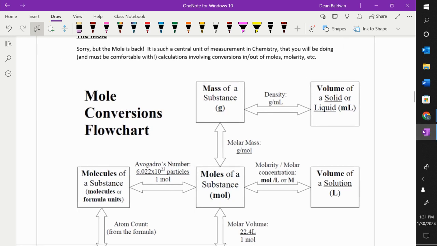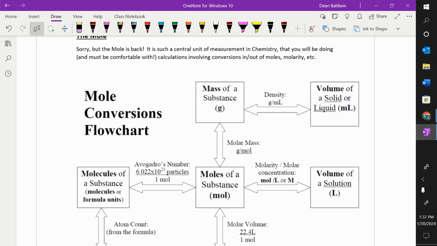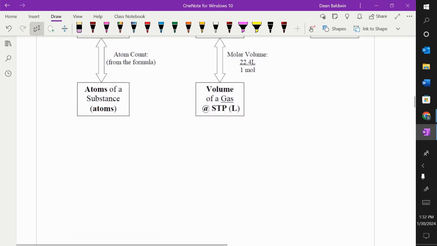The mole. If you're going to do chemistry, you can't get away from the mole. What is a mole? Just a number? I know you're reading that number right there. Let's write down Michaela's definition of the mole.